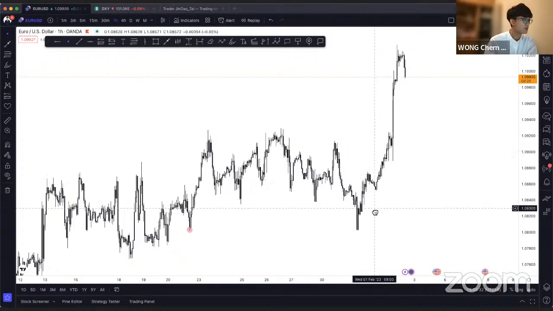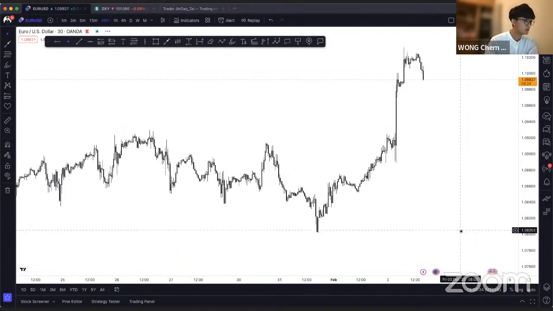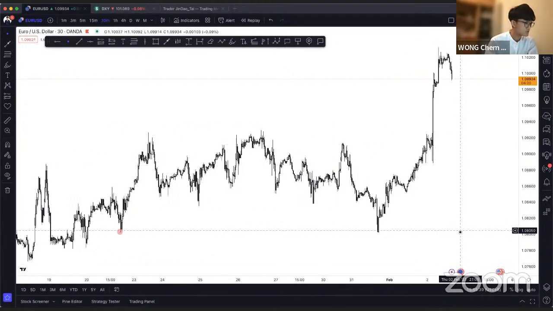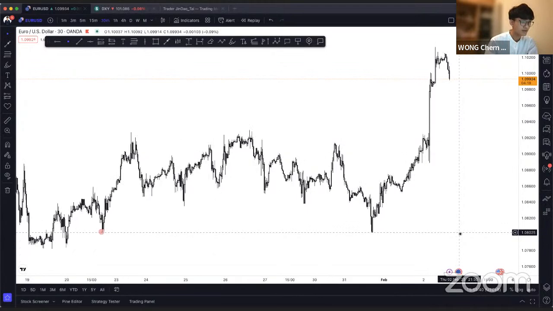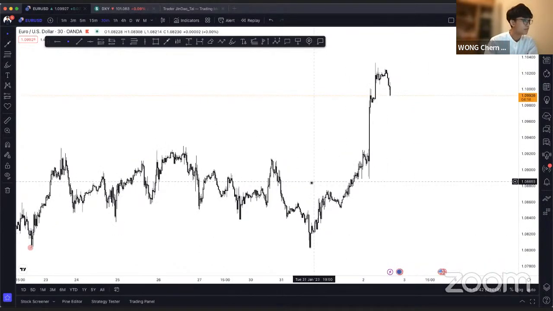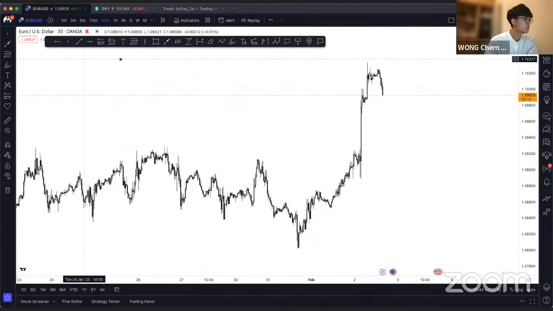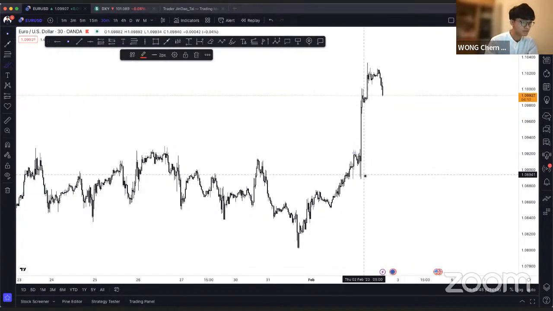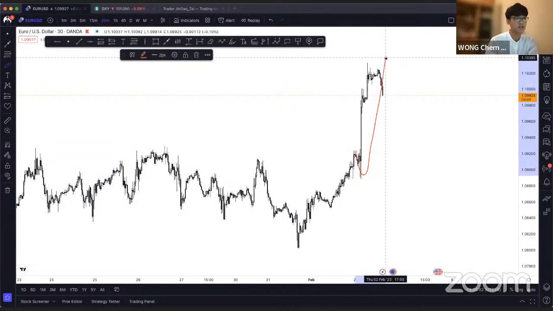If we go down to the 30 minutes time frame and take a look, we can actually see that before, when FOMC news just got released, price actually came down first to grab some kind of liquidity before pushing up literally about 130 pips.